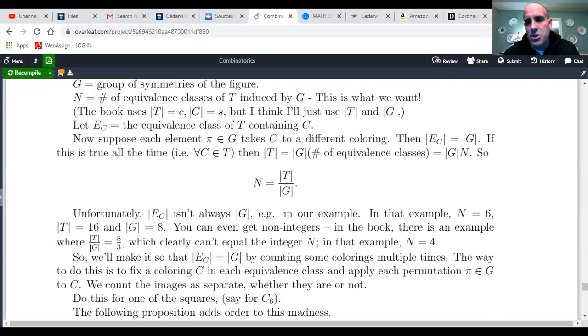In that example in the book, it turns out that the number of equivalence classes is actually 4. And that makes sense because if I'm only thinking about rotational equivalence for triangles, the all white vertex triangle is 1 equivalence class. The all black vertex equilateral triangle is another equivalence class.